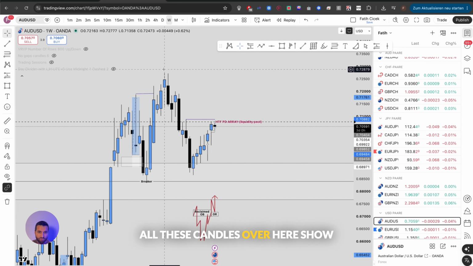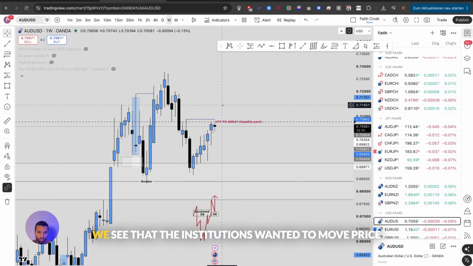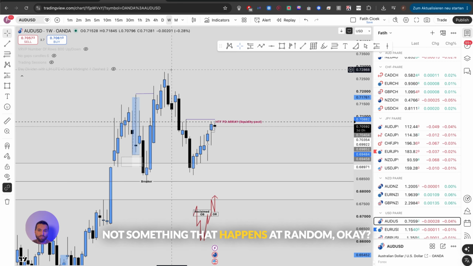All these candles over here show us institutional sponsorship. We see that the institutions wanted to move price higher, because an increase in price like that is not something that happens at random. Okay, it's being institutionally engineered.